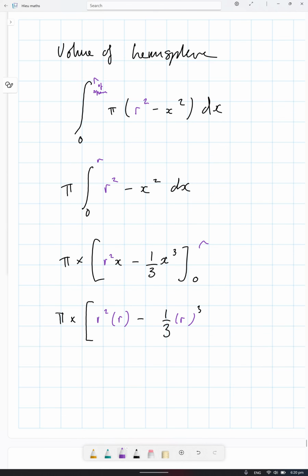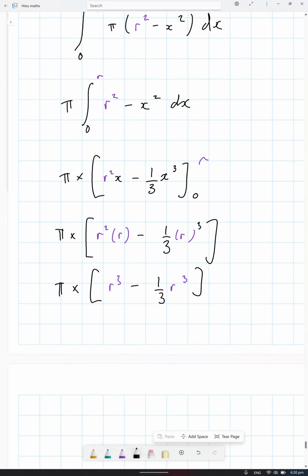Let's put that back. Therefore, we have this equation. So let's do inside first. We have r cubed minus 1/3 r cubed. So that's technically 3r cubed over 3 minus 1r cubed over 3. So that's just 2r cubed over 3.